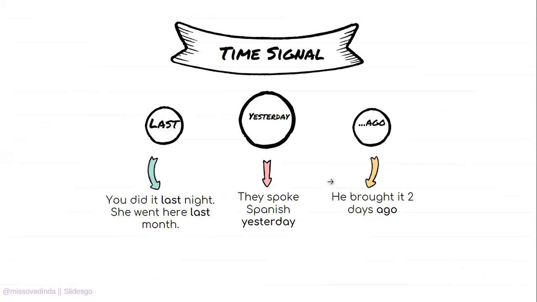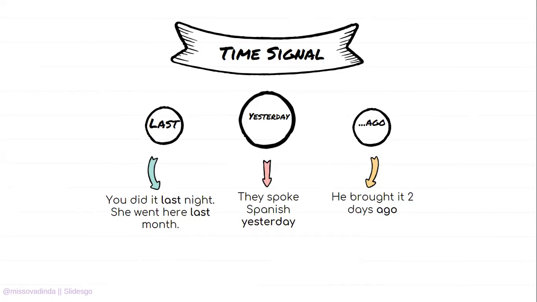Okay, now we are going to talk about time signal. Sometimes in a simple past, we use last, yesterday, and ago. Like last year, last night, last week, last month, yesterday, and 2 days ago, a minute ago, 3 days ago, a year ago. We can put it in the sentences, but can we not even put any time signal in a sentence?